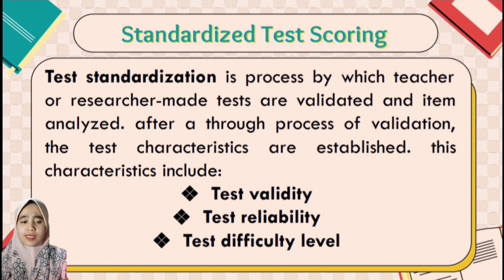These characteristics include test validity, test reliability, test difficulty level, and other characteristics as previously discussed. Each standardized test uses its own mathematical scoring system derived by the publisher and administrators, and these do not bear any relationship to an academic grading system.